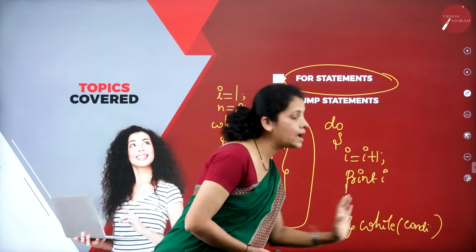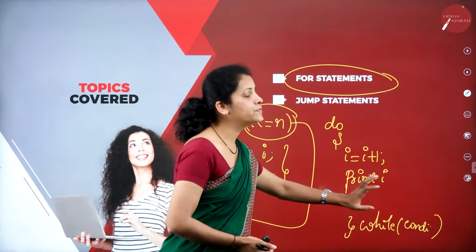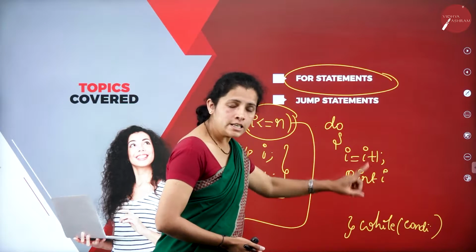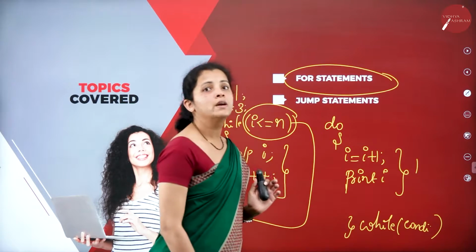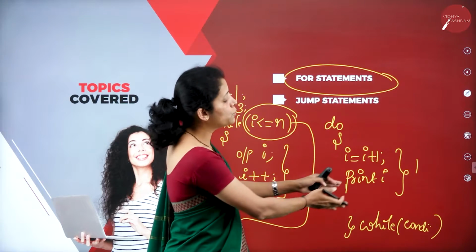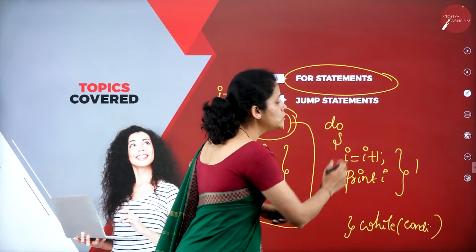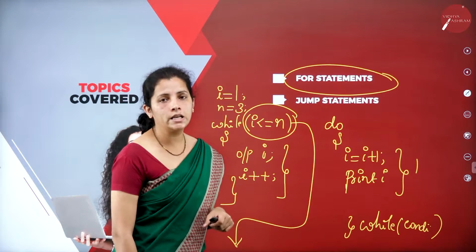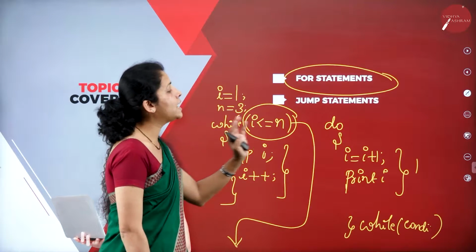Then at the end, I'm going to check the condition. And if this condition fails, still it's going to execute at least one time. Because at the beginning I'm going to execute, then I'm going to check the condition. So if the condition is false, then also it's going to execute at least one time. So this is the difference between while as well as do while statement.